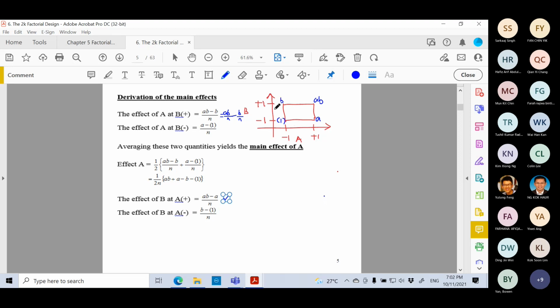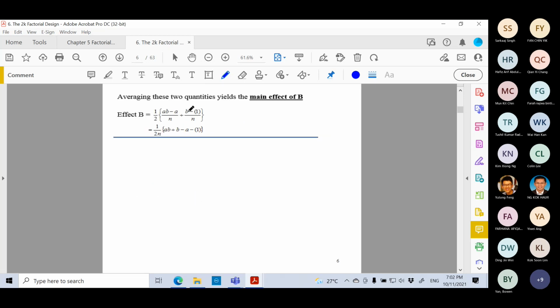Finally, you get your main effect of B given by these two. You take the average value, you will get 1 over 2n (AB + B - A - 1). Then you can get the effect of B.